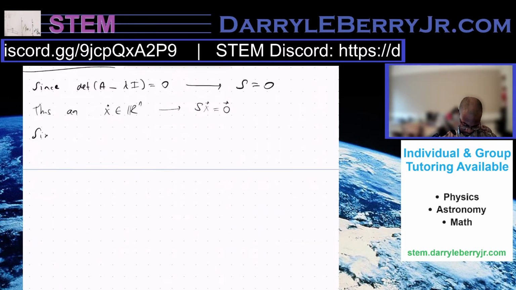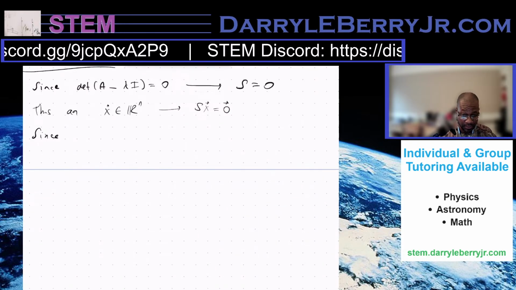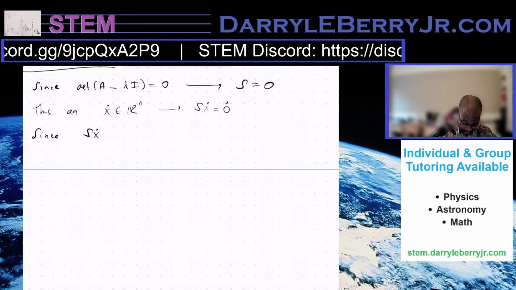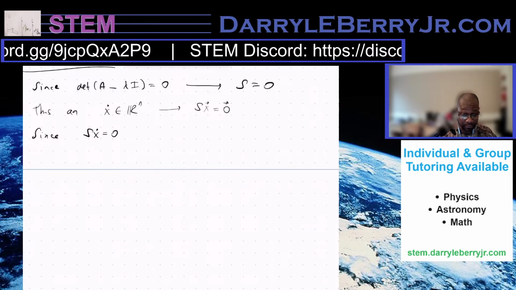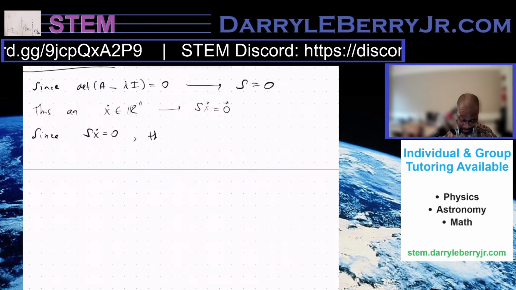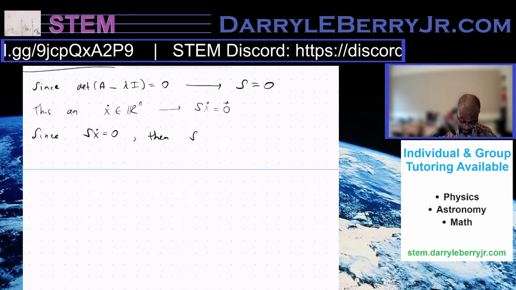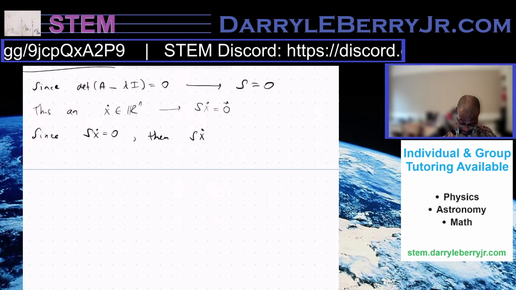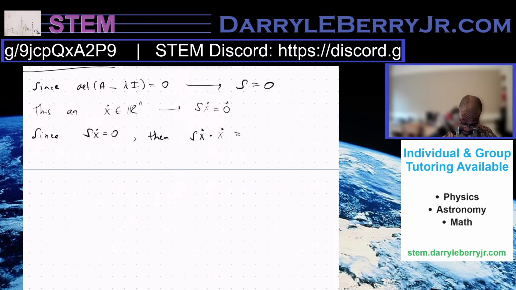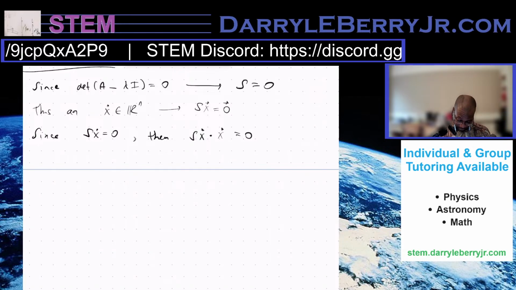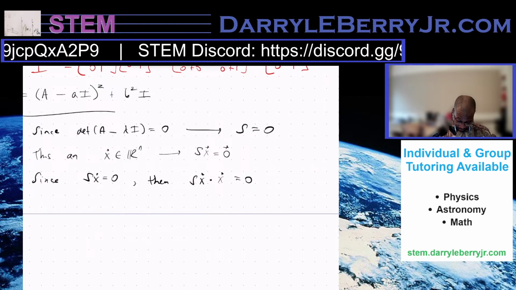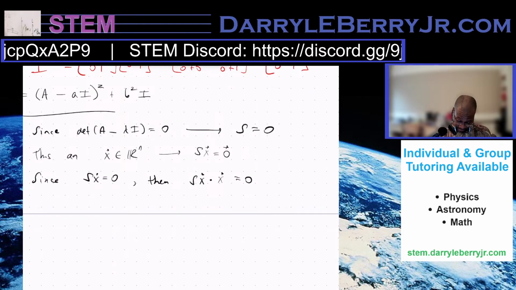So since Sx equals 0, then Sx dot x equals 0. I mean, it seems like everything is 0.